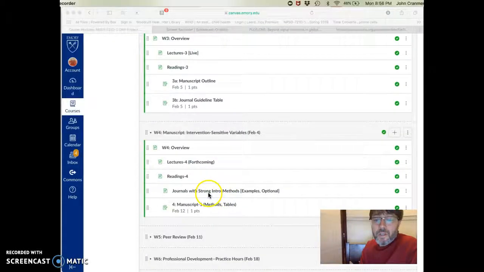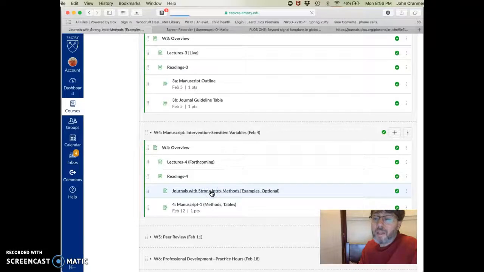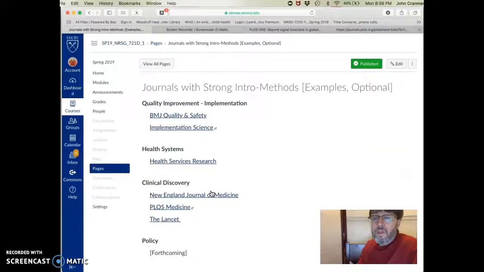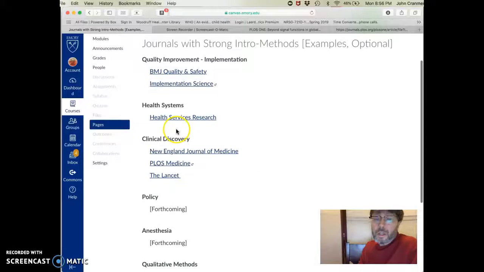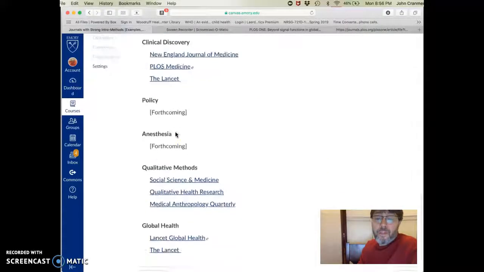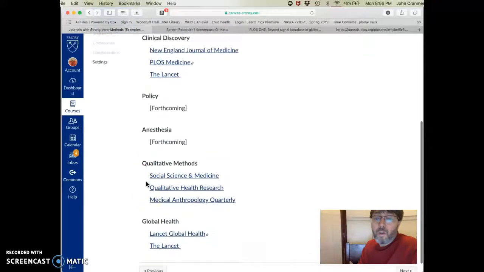In addition, there's a tab here that includes journals that typically have strong introduction and method sections. If you want to find an example where someone else has written in your topic area, you could skim here. There's quality improvement journals, health system focused journals, clinical practice journals, some on qualitative methods and global health.